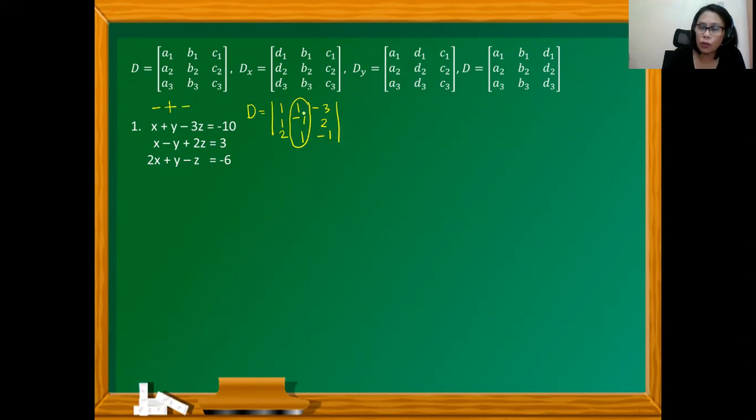And this is equal to negative of the first element, 1, times its minor. So we will be removing this second column and this first row. So there remains 1, 2, 2, negative 1 here.